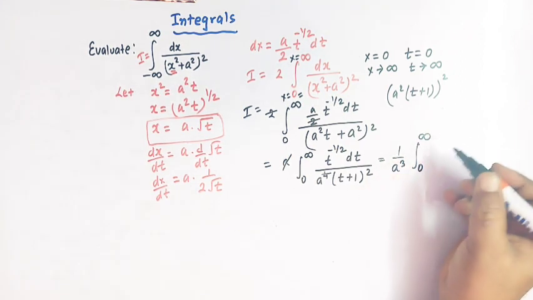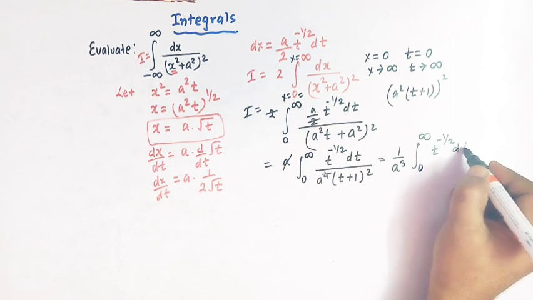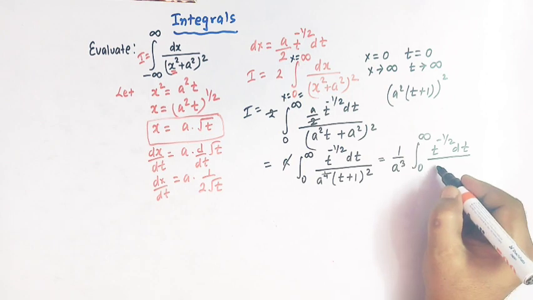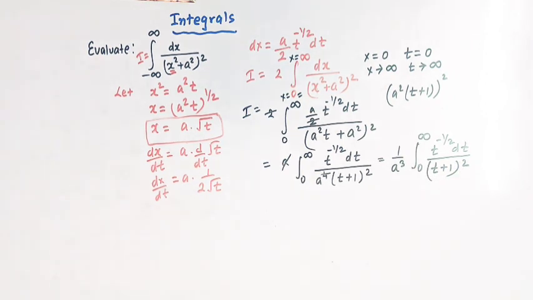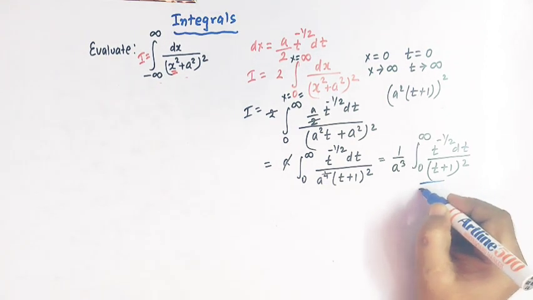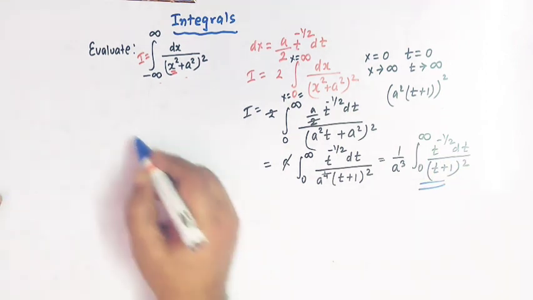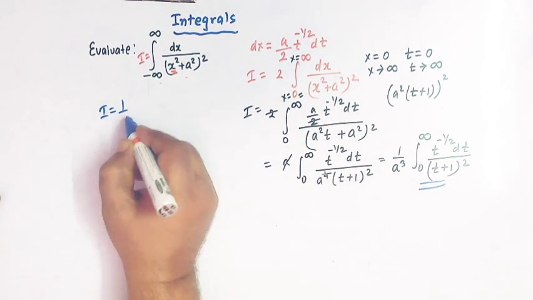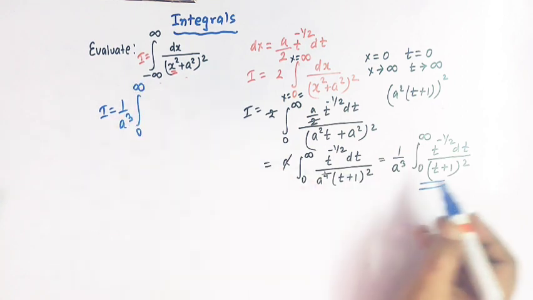integral from 0 to infinity, and here we have t raised to minus half dt, and in the denominator we have (t plus 1) whole square, right? So now let us rewrite this integral in terms of the beta function. So we have I is equal to 1 over a cube, integral from 0 to infinity.